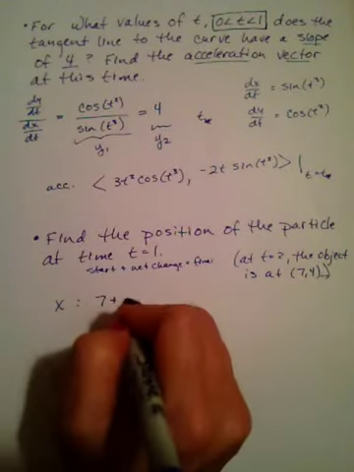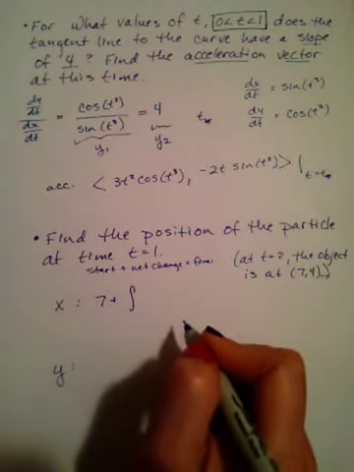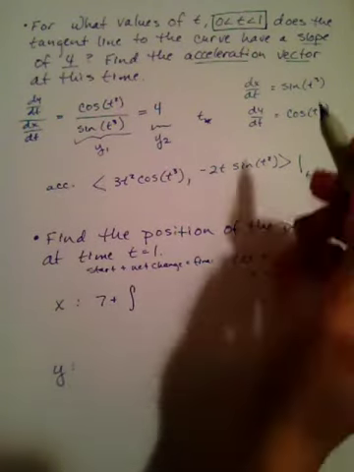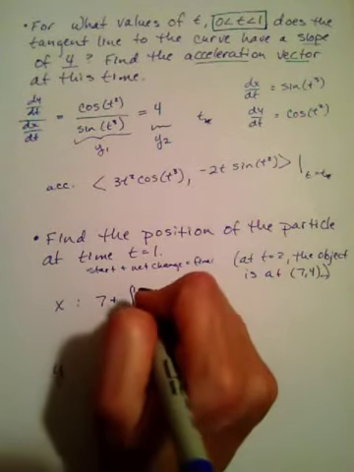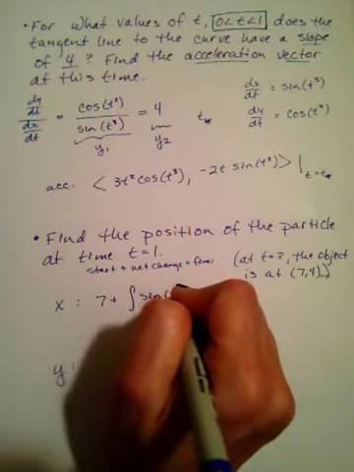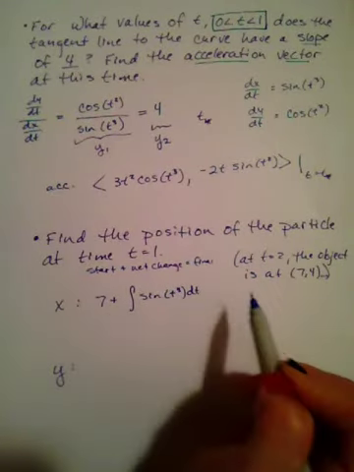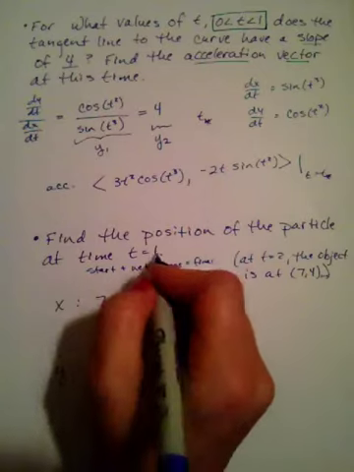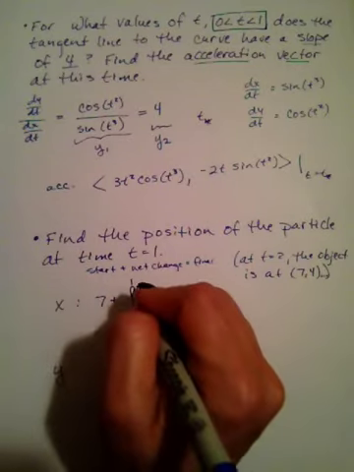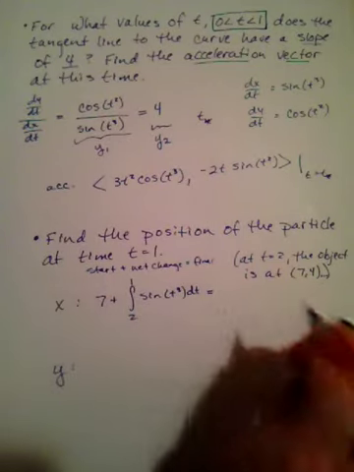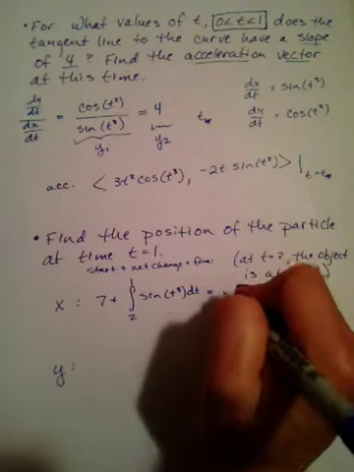My net change in position is the definite integral of my velocity, which was actually given to me. My dx/dt is sine of t cubed. And my starting position happened at t equals 2. I want to know at t equals 1, so I'll integrate from 2 to 1. This would actually give me x of 1.